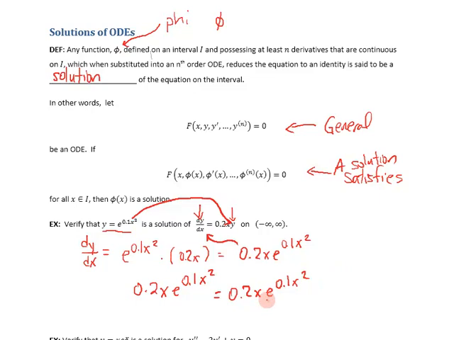Are those two equal? Sometimes you may have to do a little algebra to double check and show that it's an identity, but since that is in fact an identity, those are identical functions on the left-hand side and the right-hand side. It is a solution.